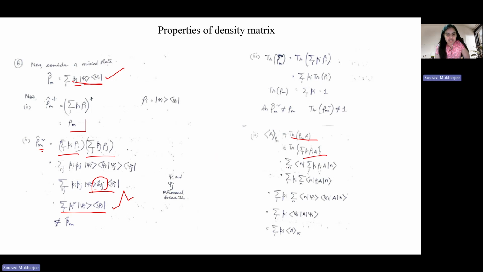Now, because it's a trace, you can write it as a summation of these terms and rearrange it further, taking p_i out of it here. Then you can put in the fact that your psi_i are orthonormal sets of vectors, so you can put in new summations and rearrange the terms, and this is what you will get.